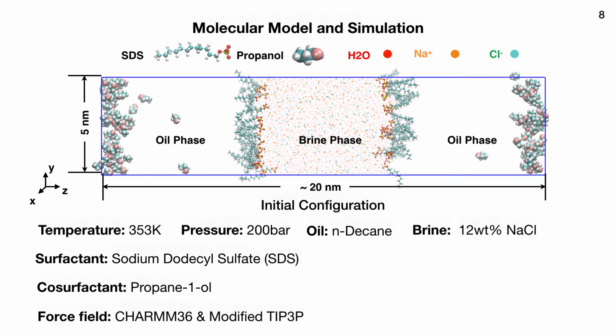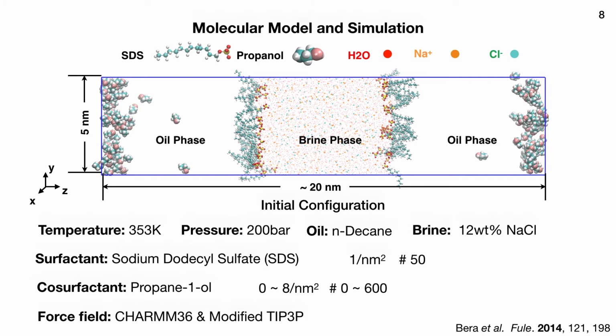SDS and propanol are chosen as the surfactant and cosurfactant, as the most commonly used combination in enhanced oil recovery. The concentrations of SDS and propanol in the system are based on the concentrations used in the enhanced oil recovery process. And to study the cosurfactant effect, we gradually increase the number of cosurfactant molecules in the system from 0 to 600.